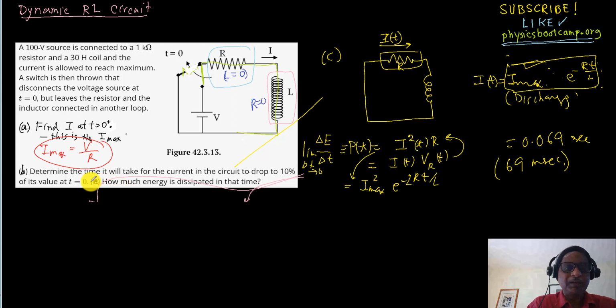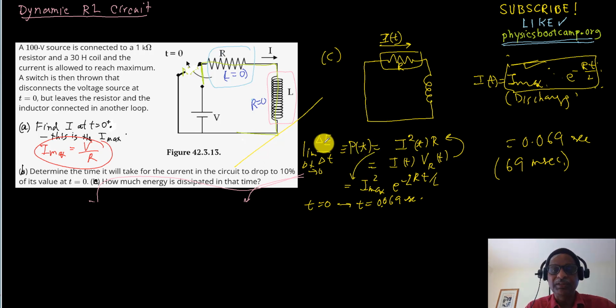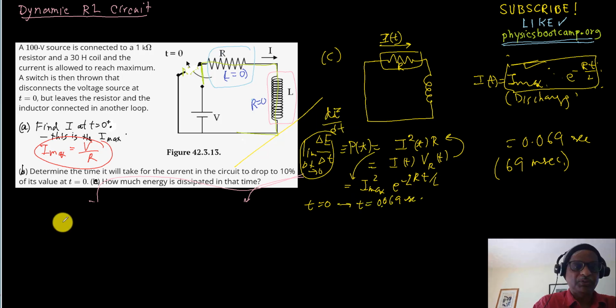So I am looking at from t equal to 0 to t equals this 0.069069 seconds. If you think of this as dE dt, then basically it's an integral, right?